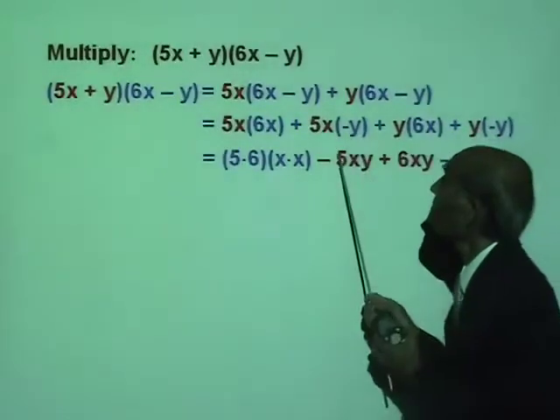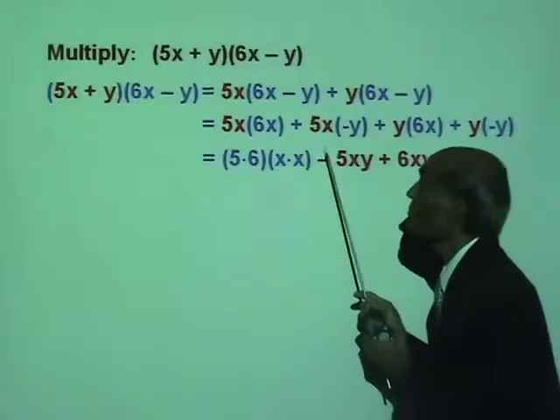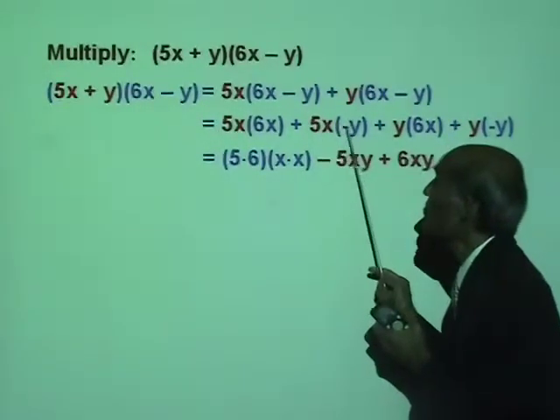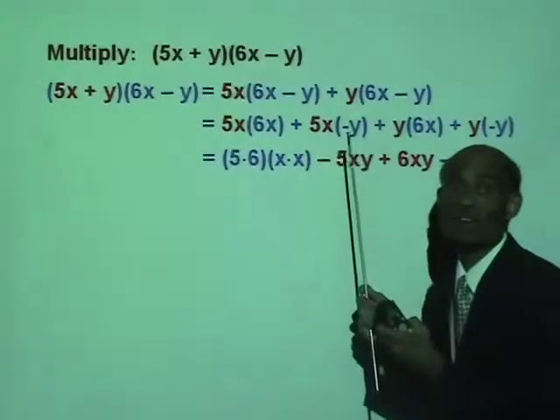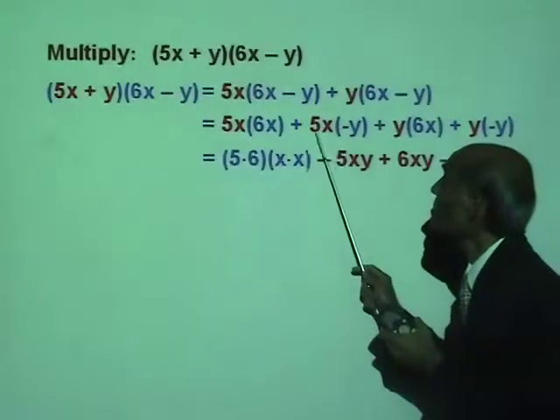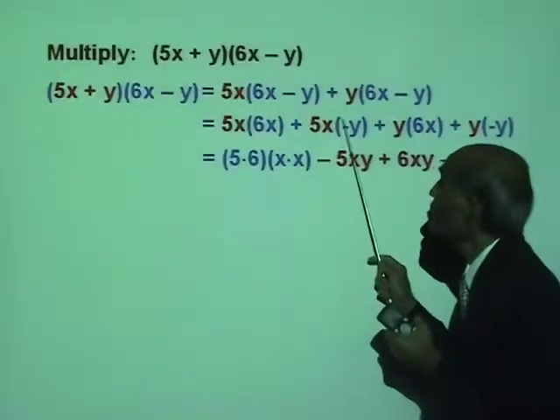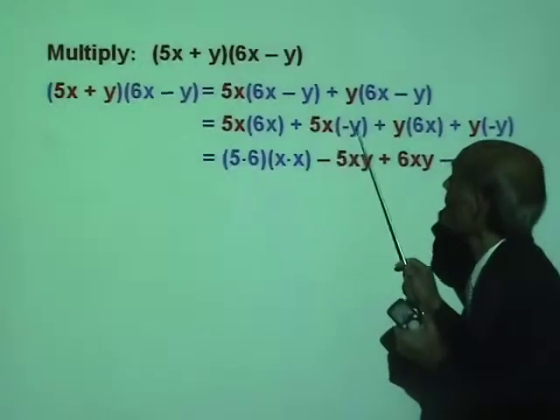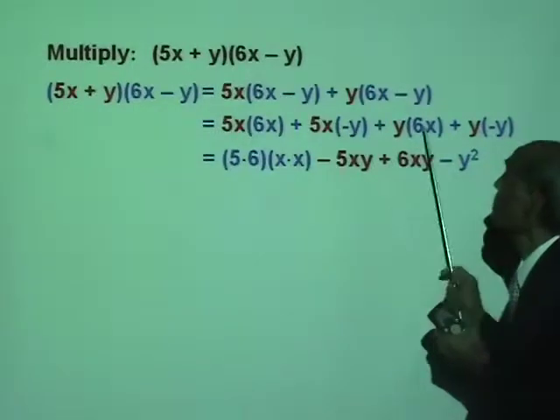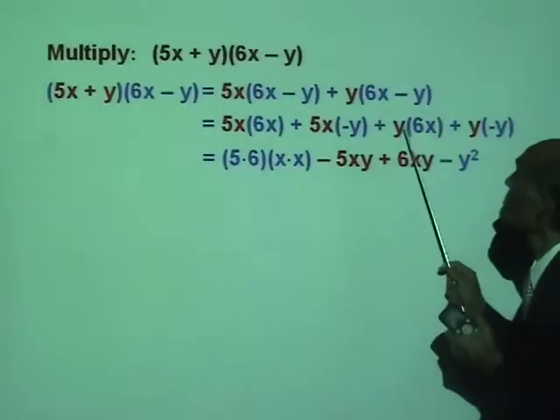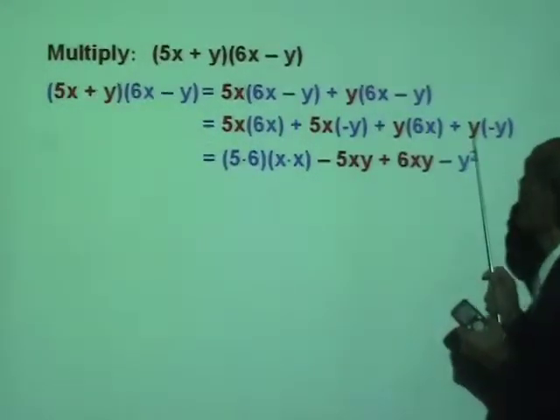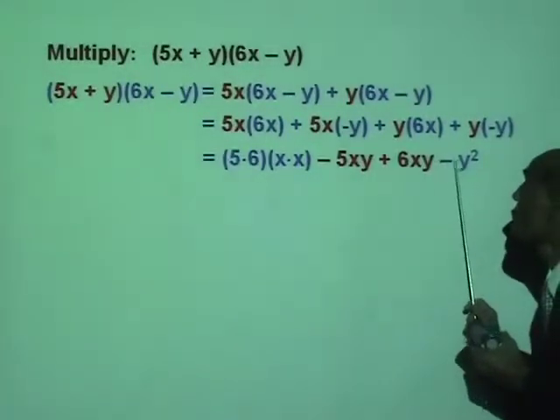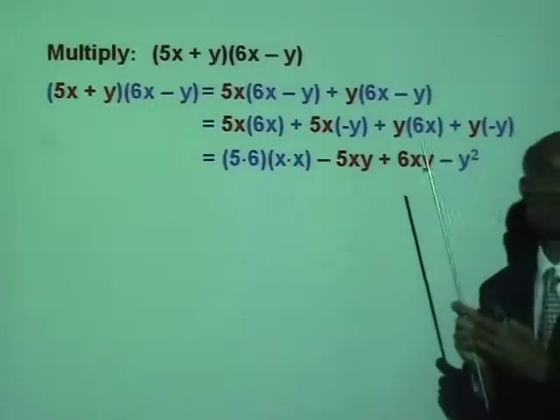Now, how does this become minus? This becomes minus because this positive quantity is multiplied by a negative quantity. So that will be positive 5 times negative 1 is negative 5xy, plus 6 times x times y. Positive y multiplied by negative y is minus y squared.